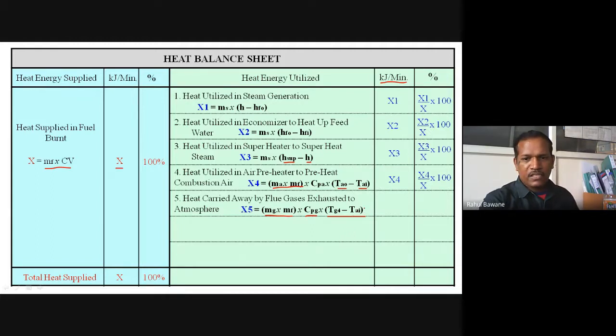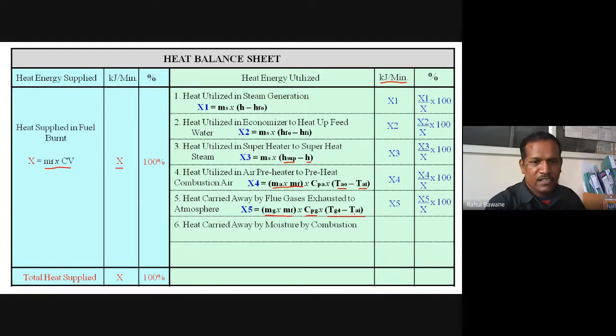This is the temperature air we already supplied to the air preheater, so this is the atmospheric air temperature. So exhaust gas temperature entering the atmosphere minus atmospheric air temperature is the temperature difference. This gives, suppose, X5 amount of heat in kilojoule per minute. So percentage change is X5 divided by X.